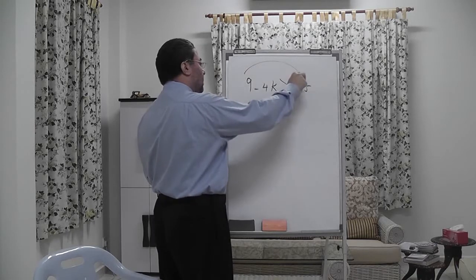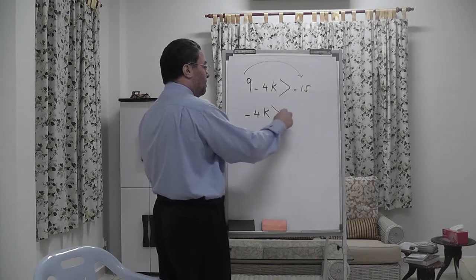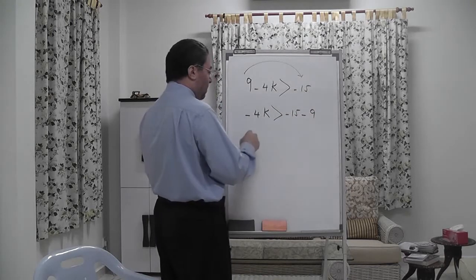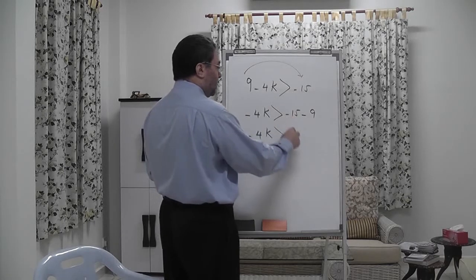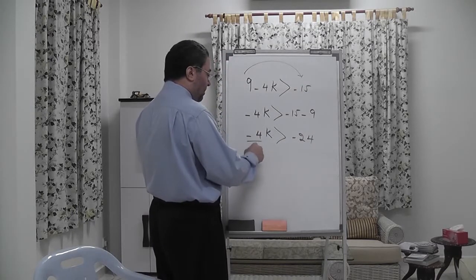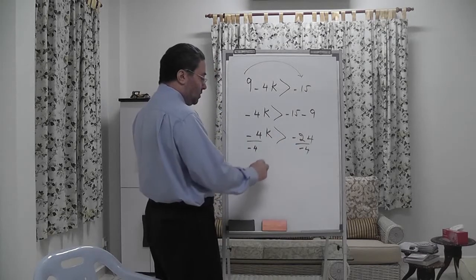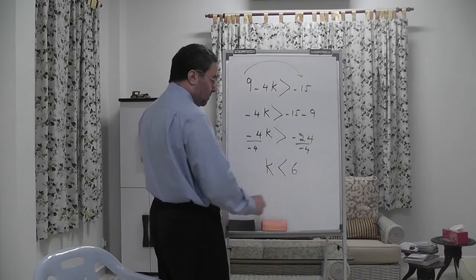We take this to the other side, so minus 4k more than minus 15 minus 9. More than, this will be minus 24. We divide by minus 4 both sides, and we change the inequality sign, so we get k less than 6.